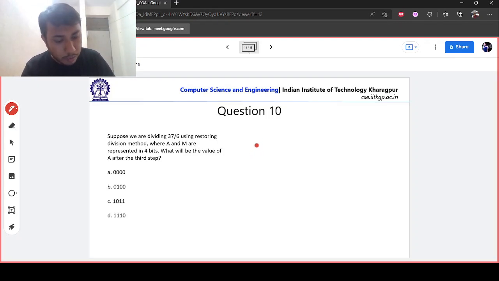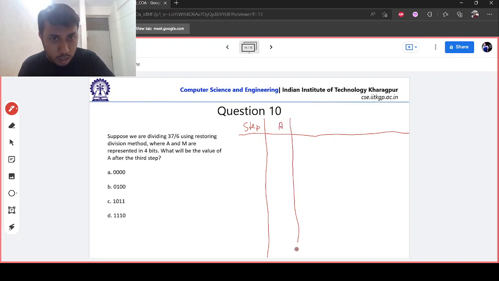So what happens in each step, that is step, A, Q, M, here is the operation.